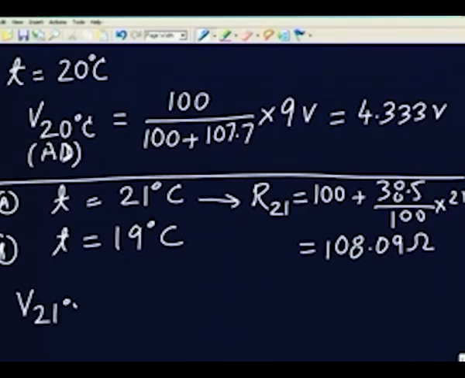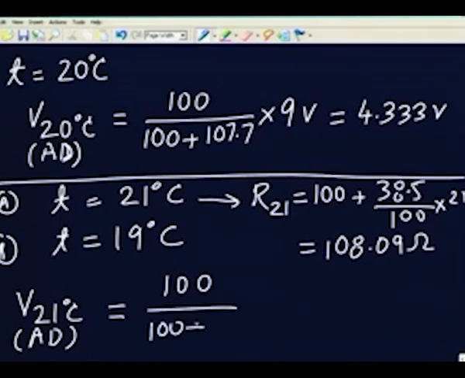Correspondingly, V at 21 degrees centigrade across AD will be 100 divided by (100 plus this resistance 108.09) into 9 volts.